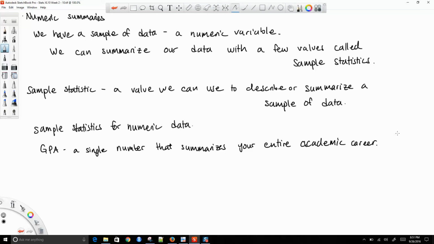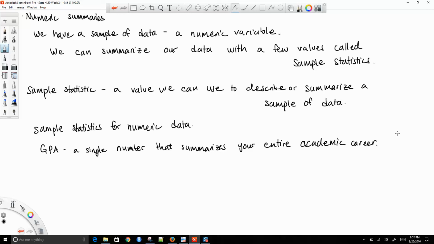It's good to just summarize, rather than asking what grade did you get in your chemistry class, and what grade did you get in your English 1 class, and what grade did you get in your writing composition class, or getting the entire transcript. You just got this single number, which is pretty useful at summarizing overall how good of a student someone is.